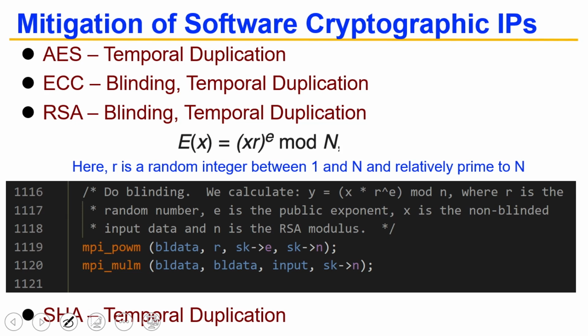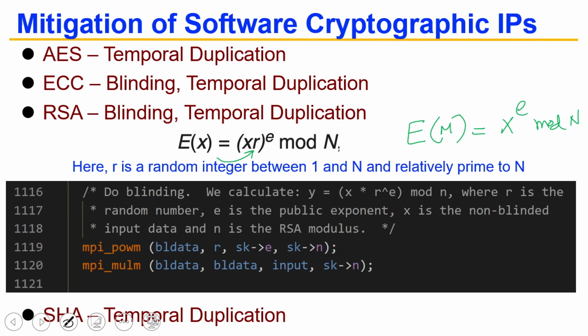If you recall, for RSA encryption, when we are trying to encrypt a message, we are taking the message and applying the public key, modulo n. That is what we are trying to do. All you have to do extra here for blinding is add a random variable.